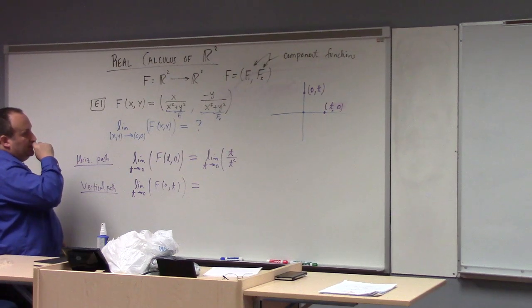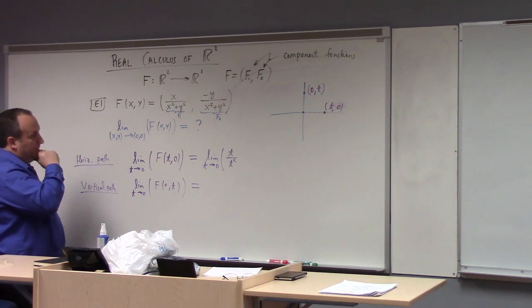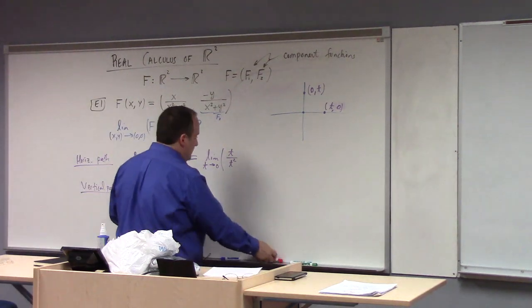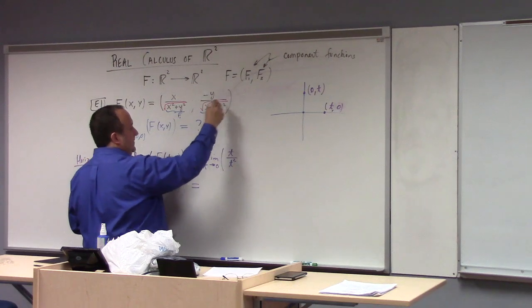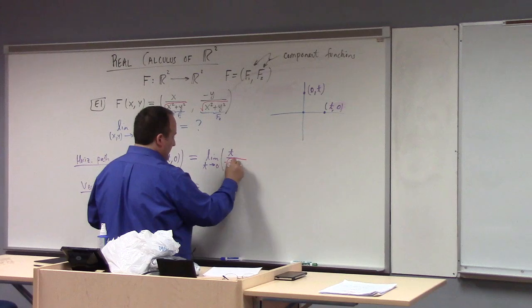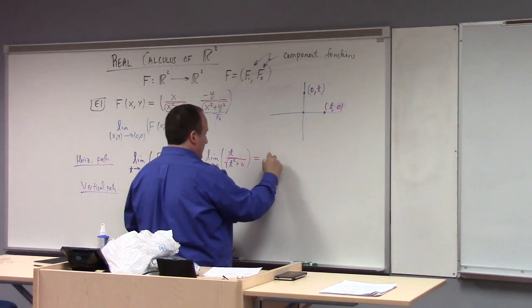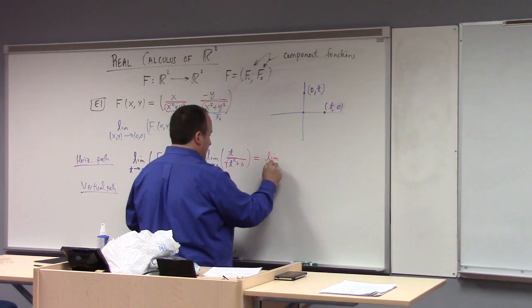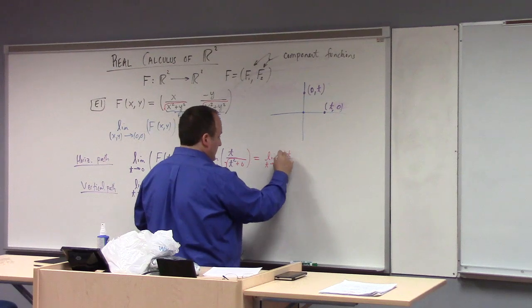I meant to do the square root on the bottom to make it more interesting. Sorry about that. Okay. So then I'm looking at the square root of t squared plus 0, which is equal to the limit as t goes to 0 of t over absolute value of t.